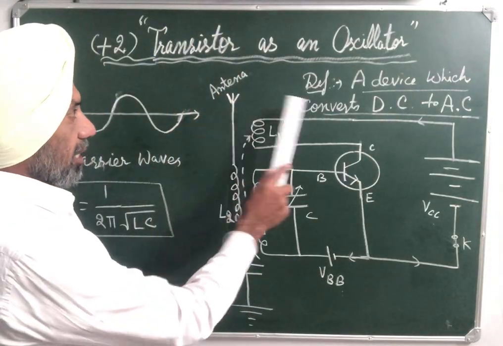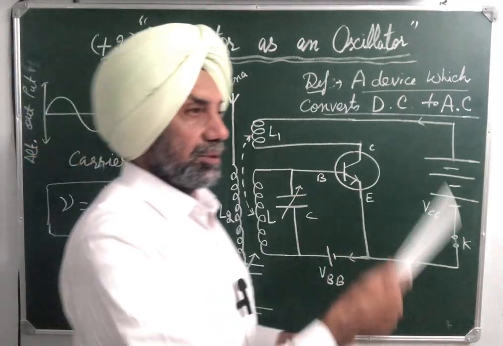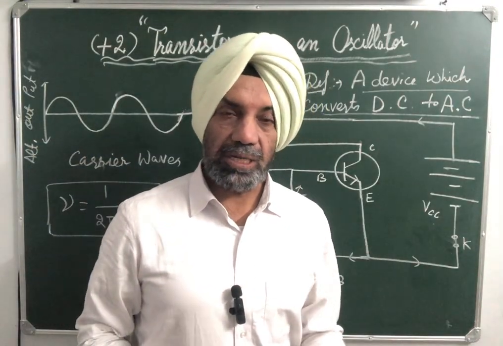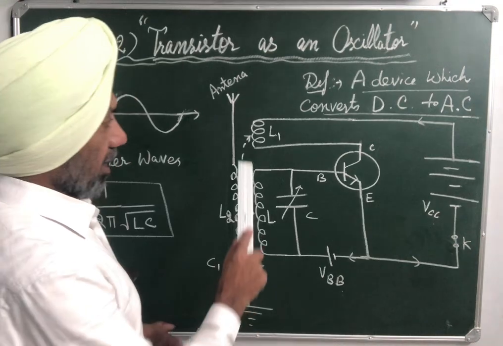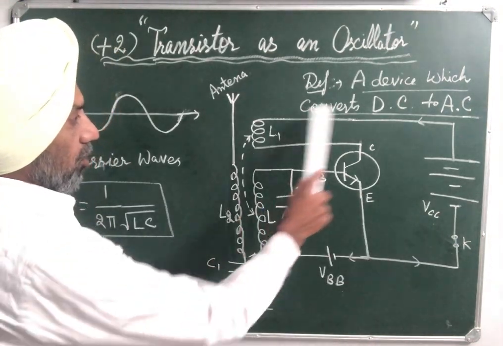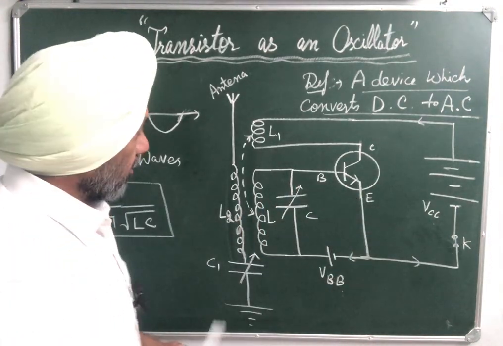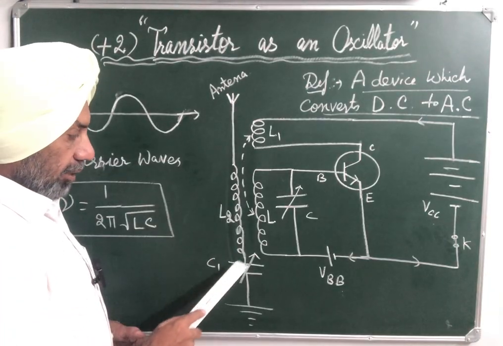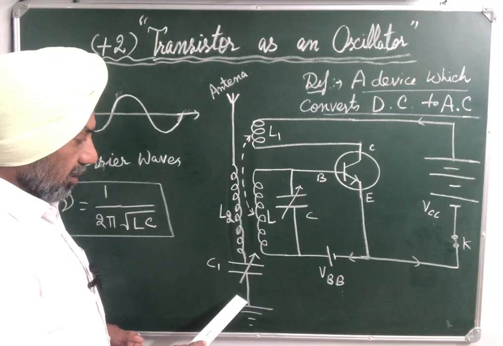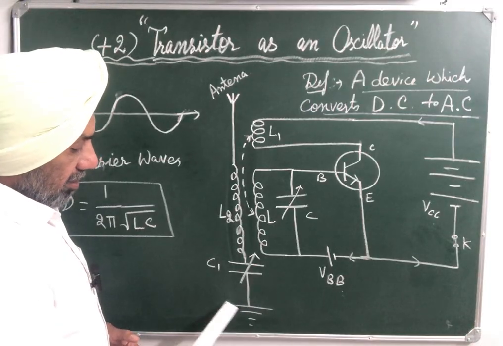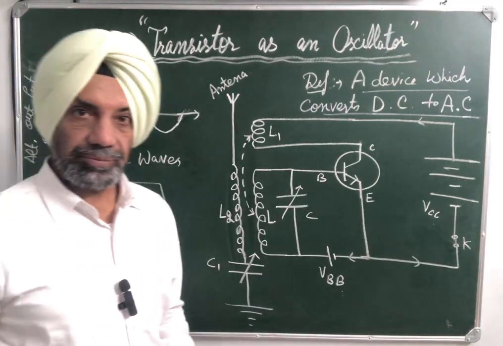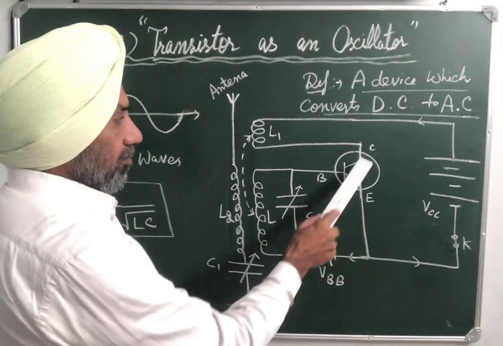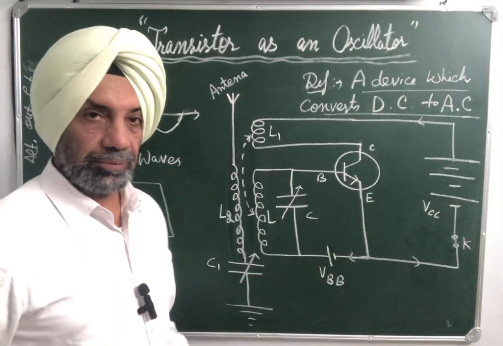Now, to understand the working of this oscillator, how an oscillator works, make the circuit diagram as shown in the figure. Basically, here we have an antenna connected to inductor L2 and variable capacitor C1, and this is earthed. Here we have an NPN transistor.